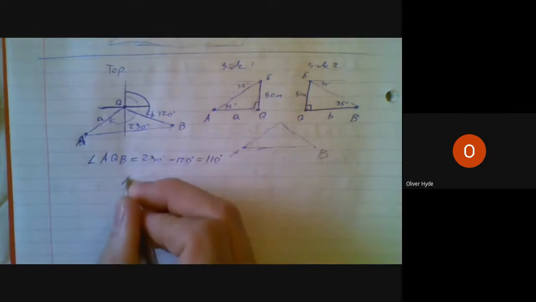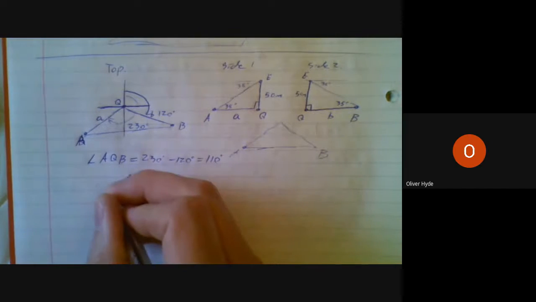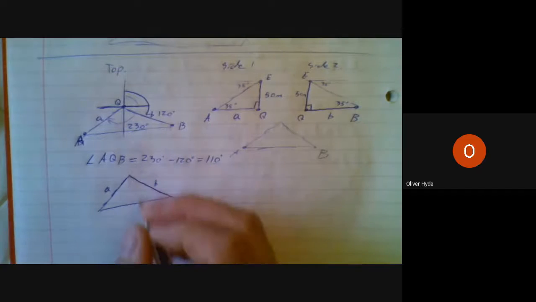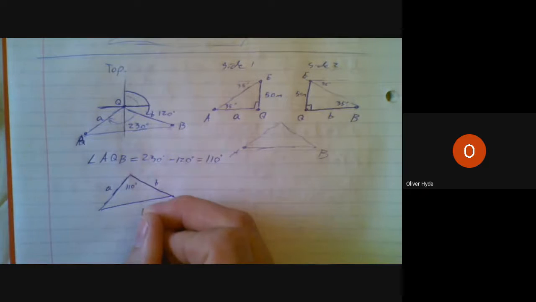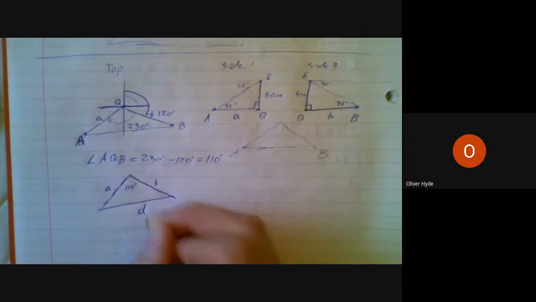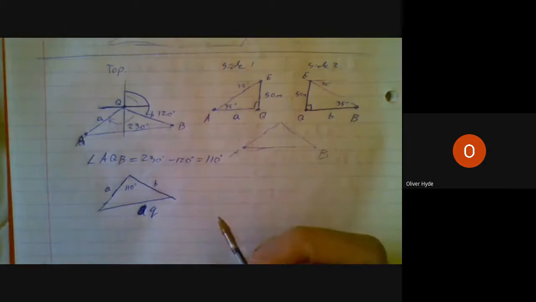So in my last step of work, I will have this side length, that's A, this side length, that's B, this angle, 110 degrees, and here's the distance in between the boats. I think I might have used Q. Okay, I'm set up to use the cosine law. There's my strategy. If you want to try a 3D diagram, you can see some of them on the lesson.